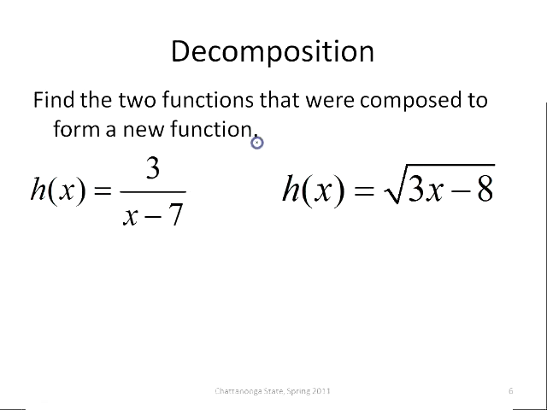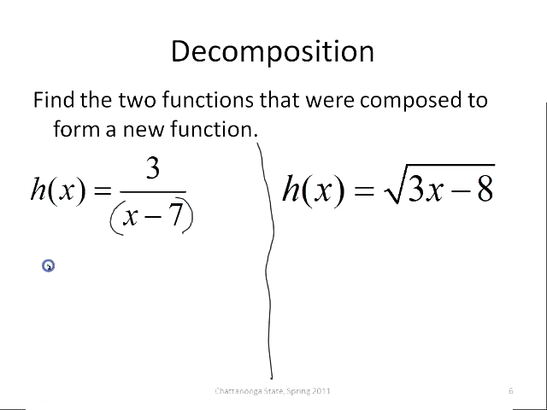When we look at decomposition, we're basically just working backwards here. Here we start with a function that can be composed of two functions put together. So we want to find what function f and g you can compose to give this. You kind of want to look at where you might see groupings or parentheses taking place. I could put all of this, x minus 7, in the denominator within a set of parentheses.